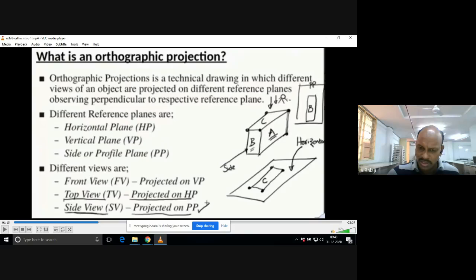This projection is valid as long as you are standing at infinite distance from the object. Your eyesight rays are parallel to the ground floor but perpendicular to the plane of projection, the vertical plane. That's why it is known as orthographic projection.